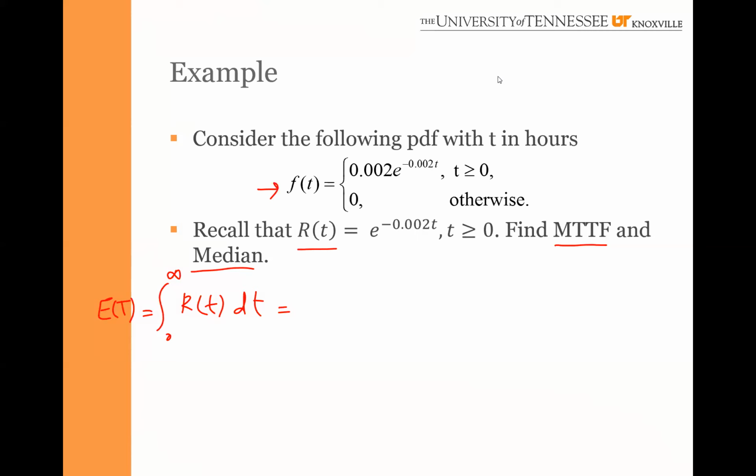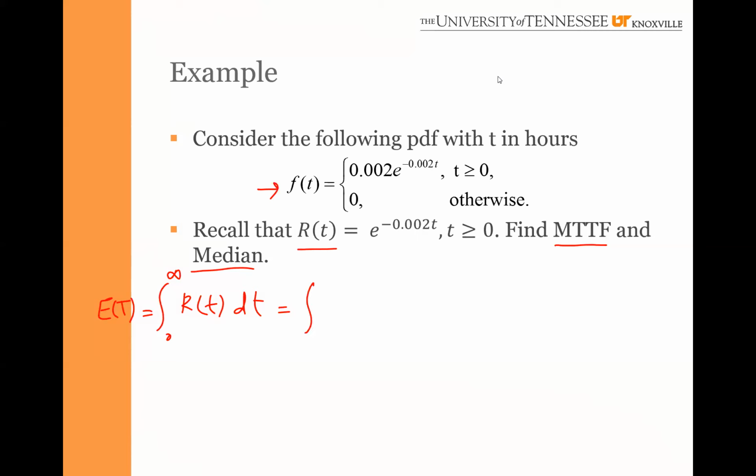No one? What do you get? Expectation. I want E of X, E of T. What do you get? I got something else. I got 500. So let's see what happened.